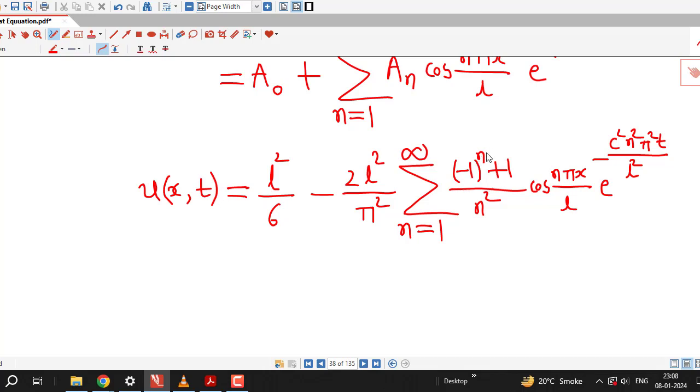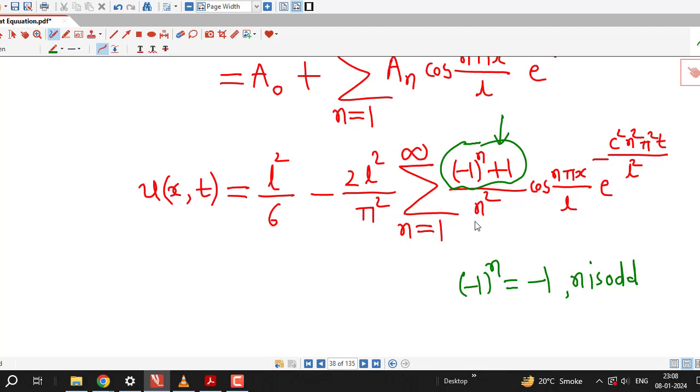And here also we can observe that due to this term minus 1 raised to n plus 1, we have minus 1 raised to n equal to minus 1 if n is odd. So if n is odd, minus 1 raised to n is minus 1 and we have plus 1. So that is going to be 0.